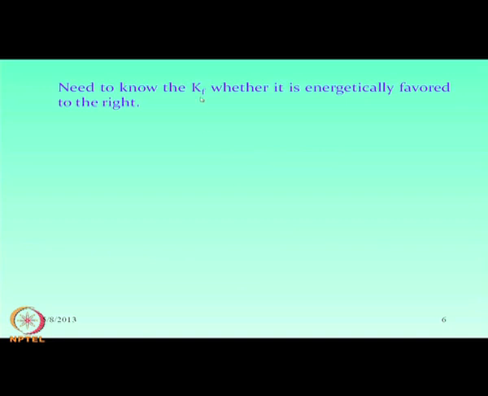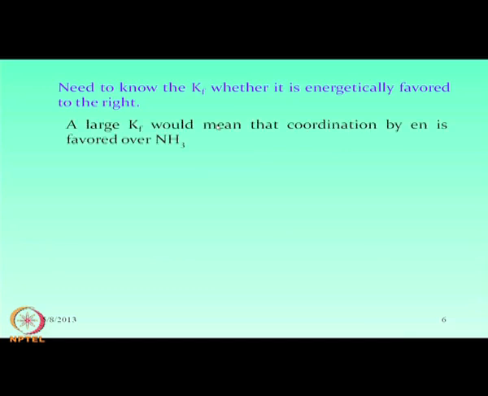So, we want to know the corresponding K value, that means the formation constant value, and how this K value is favoring us from left to right towards the formation of the corresponding tris chelate compound. A large K value would mean that coordination by en is favored over ammonia.